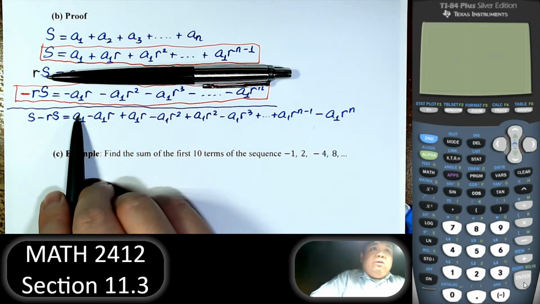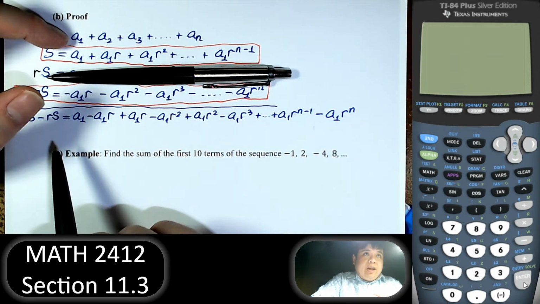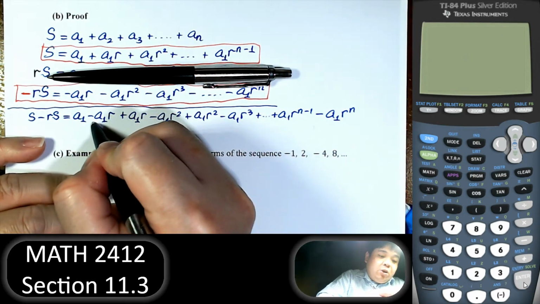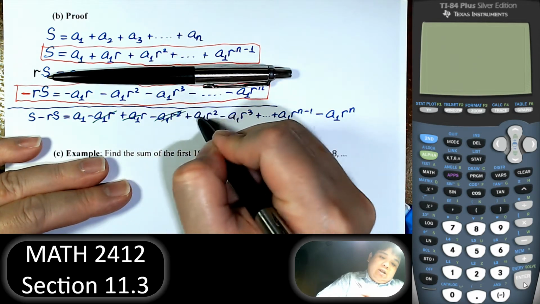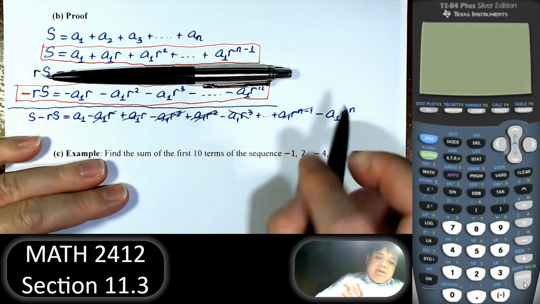So what we have is the first term is positive. By the way, when we write like this, one positive, one negative, one positive, one negative, notice the negative cancels the next positive. So we cancel this with this, and so on, all the way to pretty much canceling everything.